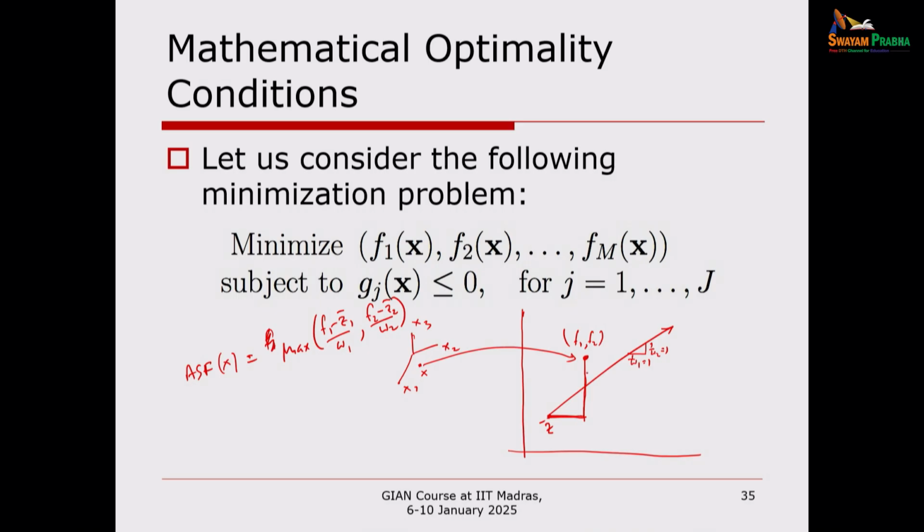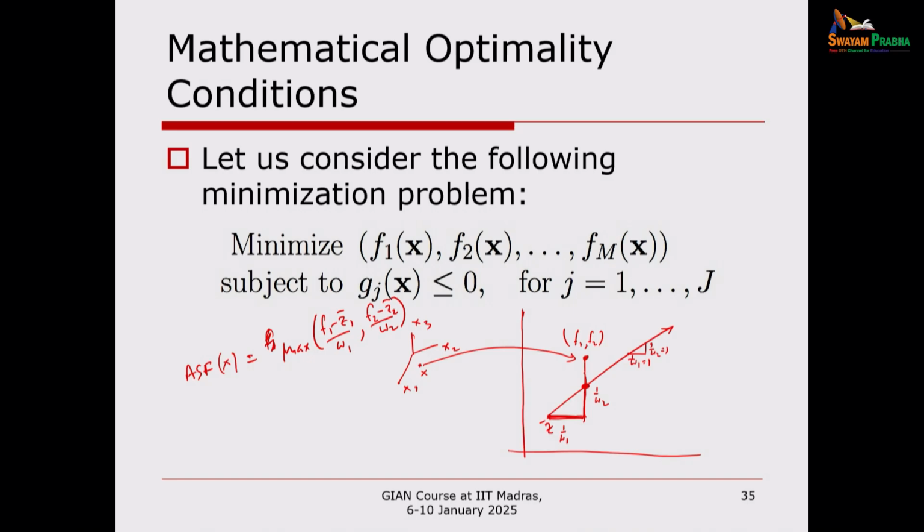Now, which one is bigger here? I have to take the maximum. In this case, it looks like this is bigger, right? But let's say I have a point here on this line. Then this is still my F1 minus Z1 bar, and this is my F2 minus Z2 bar, divided by W2, and this is 1 over W1, right? In that case, which is the maximum?